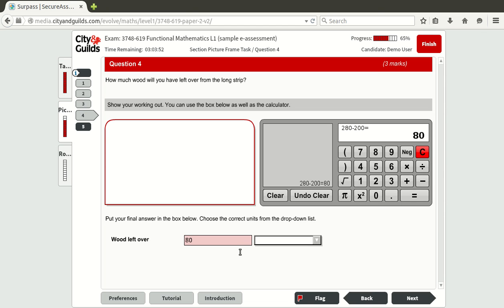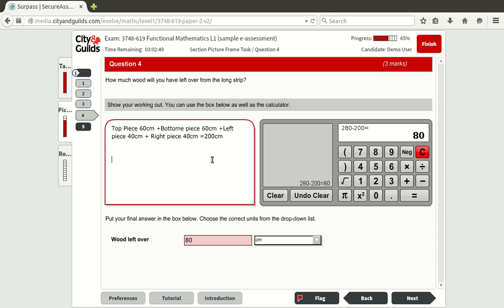80 centimeters. And you can even say here as well, you can say 60 centimeters top piece plus bottom piece 60 centimeters plus left piece, which was 40 centimeters plus right piece, which was 40 centimeters, is equal to 200 centimeters.